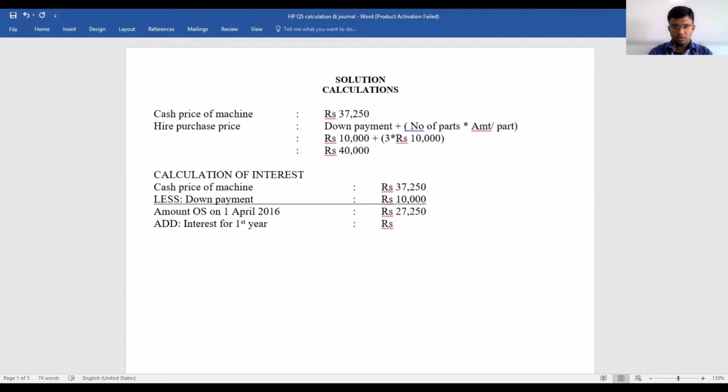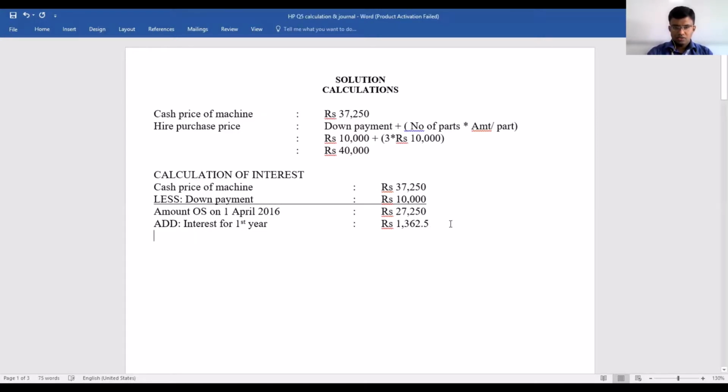So let's just quickly work that out. Now remember, interest is calculated at 5%, and interest would always be calculated on the outstanding amount. And the outstanding amount in this case is 27,250. Now what we have to do is calculate 5% of this amount, which works out to be 1,362.5.